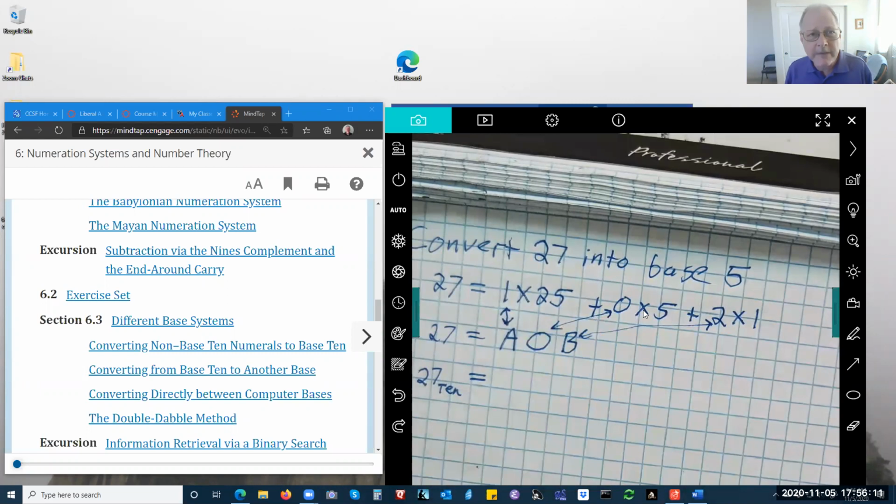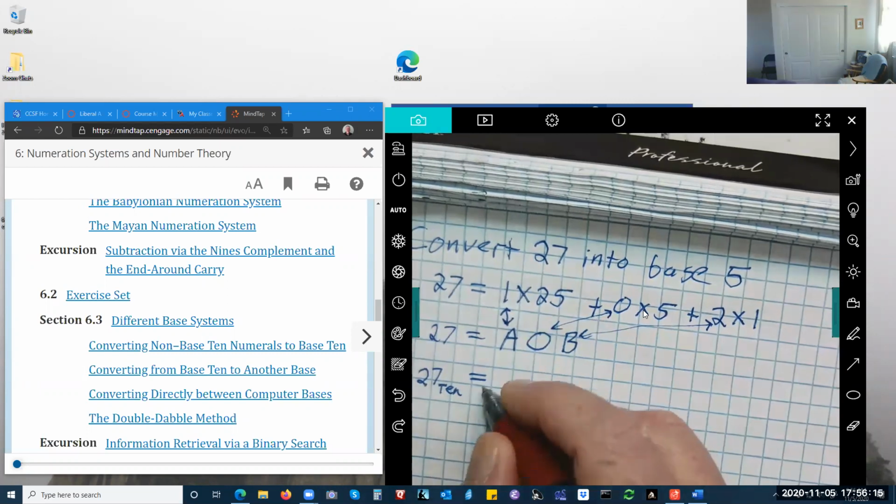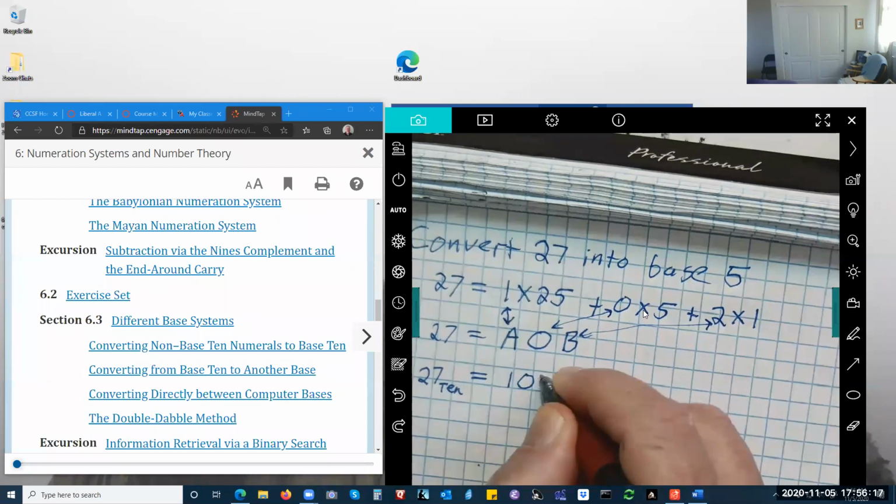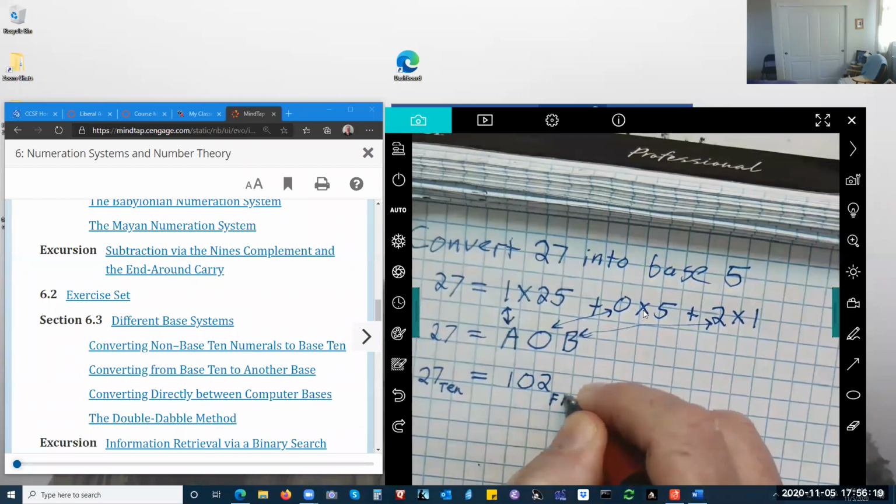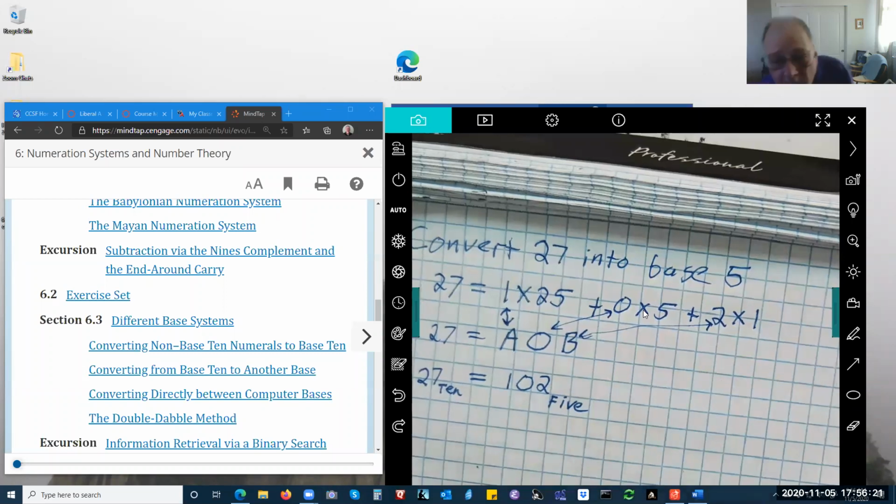So 27 base 10, and then they would say (102) base 5. Okay. So you don't have to make up completely new symbols.